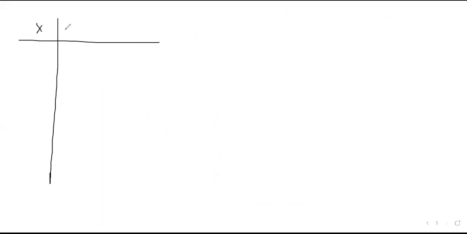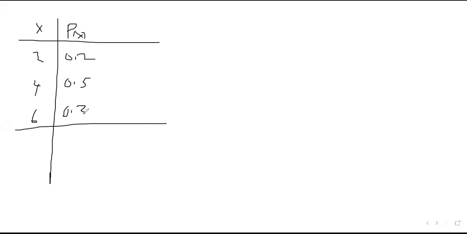This is the easiest probability, by the way. For this one, X is 2, 4, 6, and you're given the probabilities as 0.2, 0.5, and 0.3. They'll ask you to find 3 things.